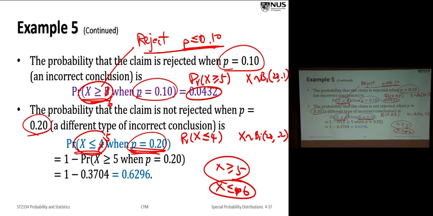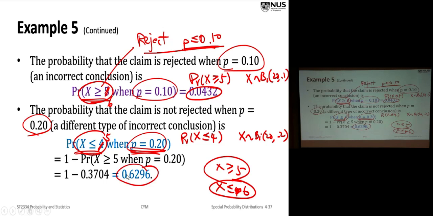Less than or equal to 4, my decision will be I accept, or I do not reject, the manufacturer's claim. But if I see more need to repair, I don't believe in the manufacturer's claim. So that's the decision I make. But the probability of committing an error is great.